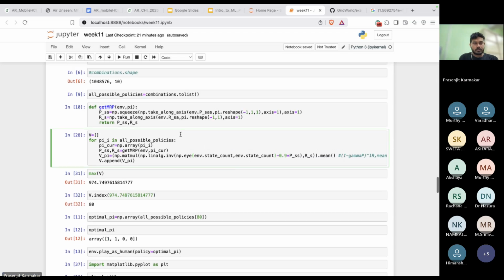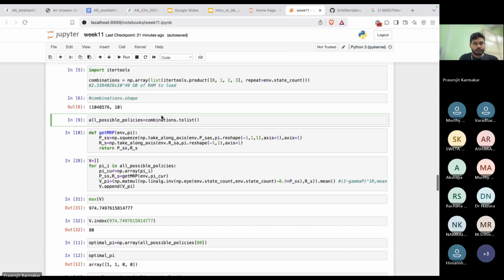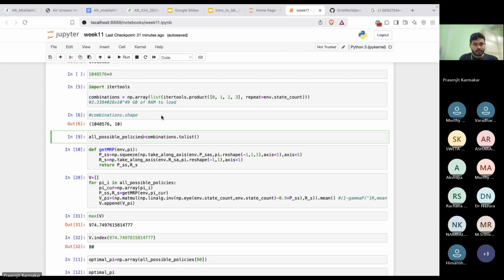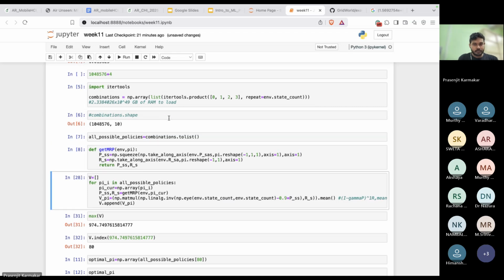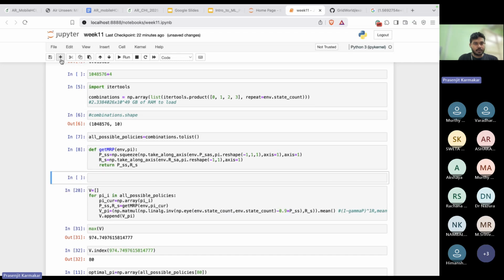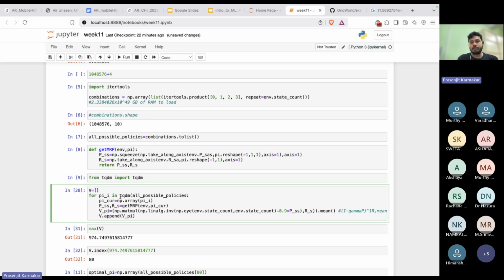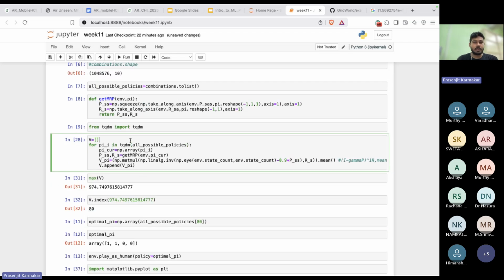If I just loop through, there is a library called tqdm. From tqdm import tqdm, and if I just use tqdm here, it will give you a nice progress bar.